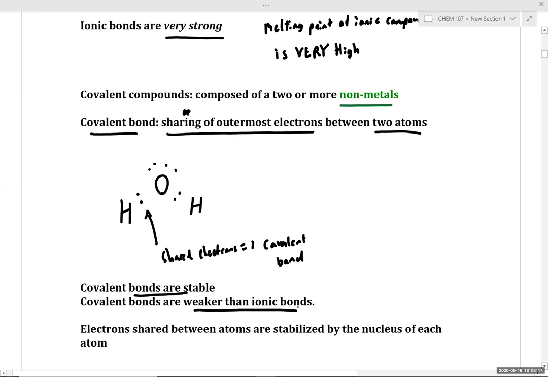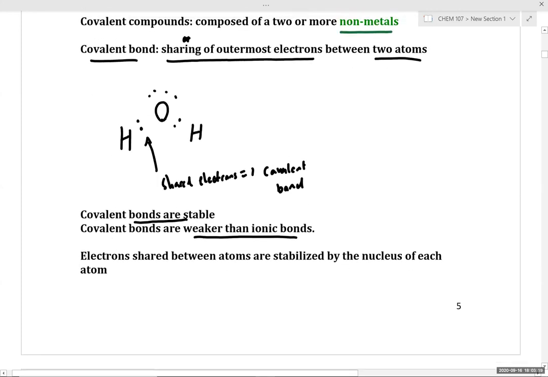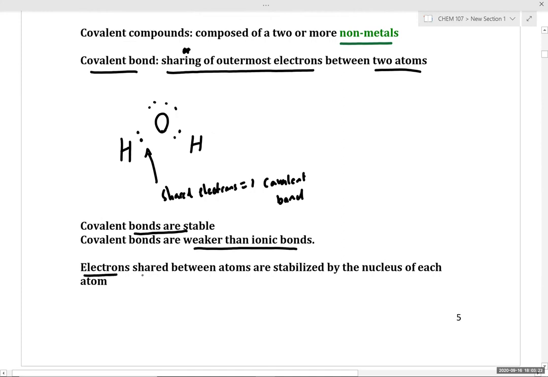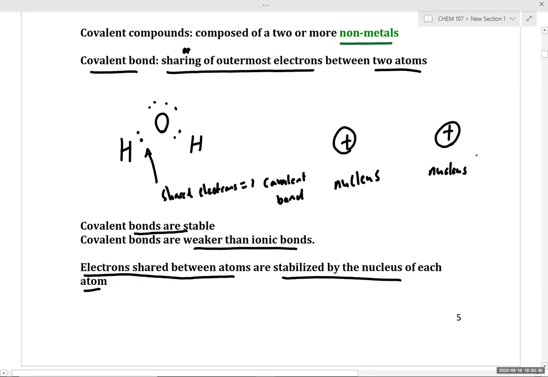The reason why a covalent bond is stable at all is that electrons shared between atoms are stabilized by the nucleus of each atom. If we have two nuclei, each primarily a ball of protons and neutrons, and we have our shared electrons, these are bonding electrons.